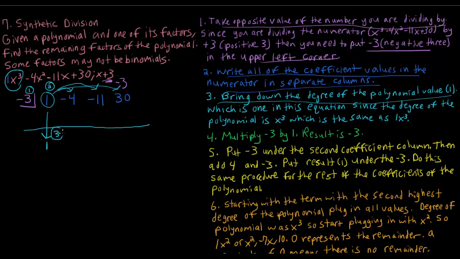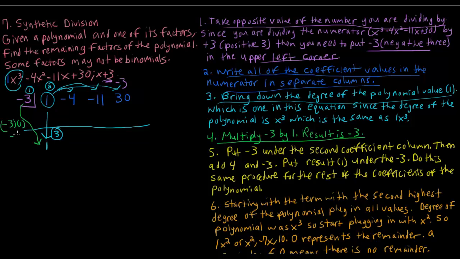And our step 4 right here is to multiply negative 3 by 1. The result's going to be negative 3. So we take this negative 3 in the upper left corner and we multiply it by this number below the line, which is 1. So it's negative 3 times 1, which is just negative 3.